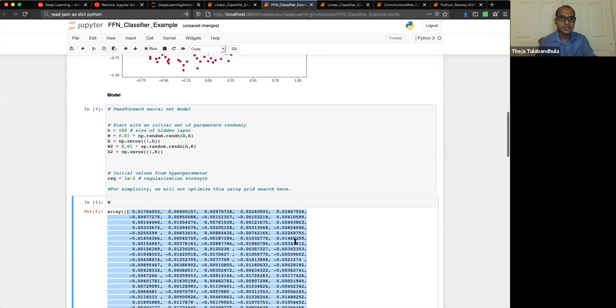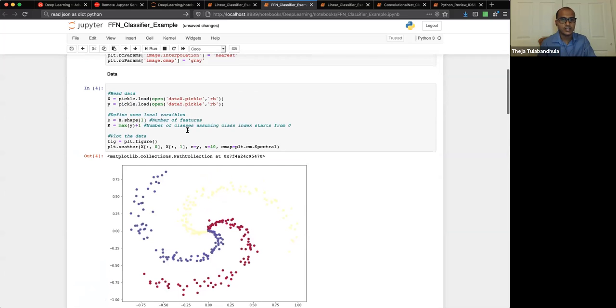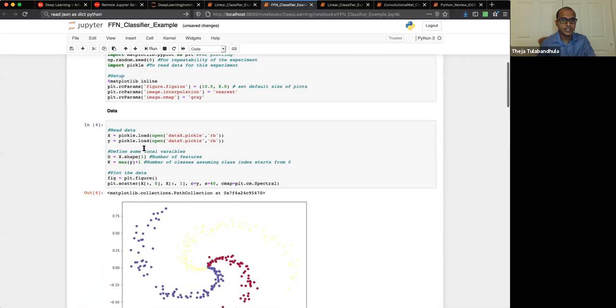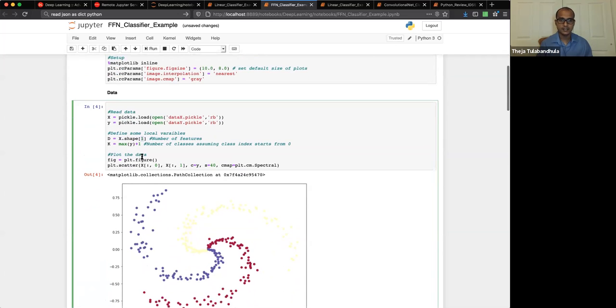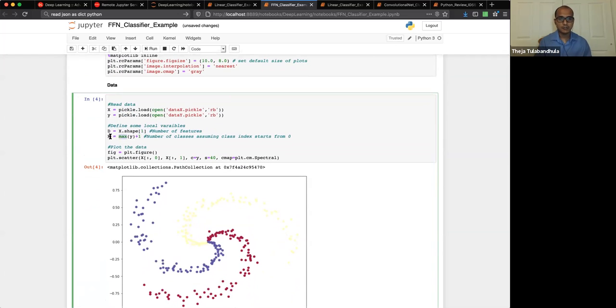D is the dimension of the input. The input is 2 dimensions: if you look at x dot shape, it produces 2 numbers, the number of rows and the number of columns. The number of columns is at index 1, and that's why I'm storing it as D. For the number of classes, I could write 3 directly because I can eyeball it here.